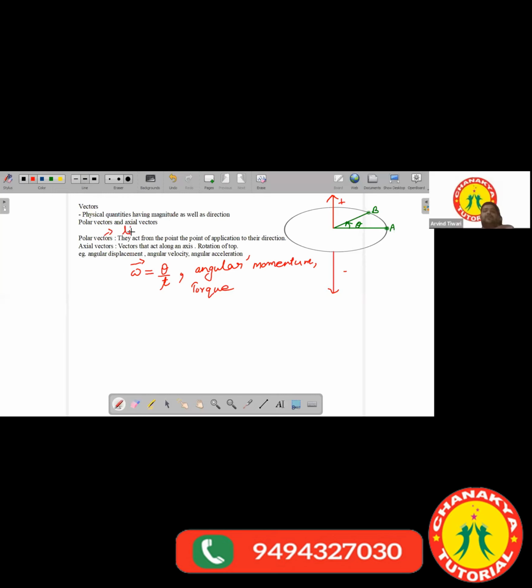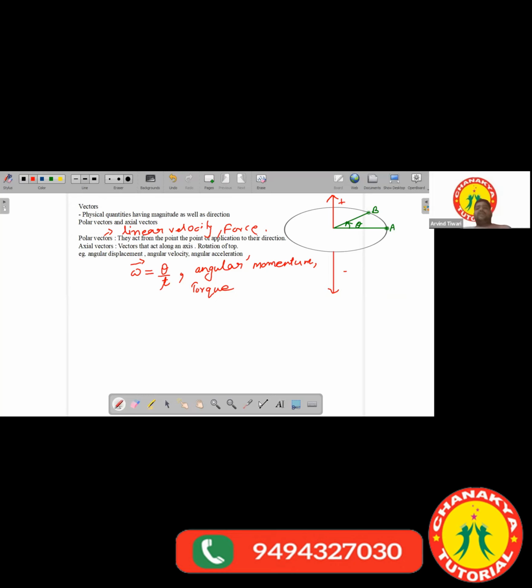Linear displacement, linear velocity, linear acceleration, and force are all polar vectors. The representation of the vector is with an arrow, so they can be represented with symbols.